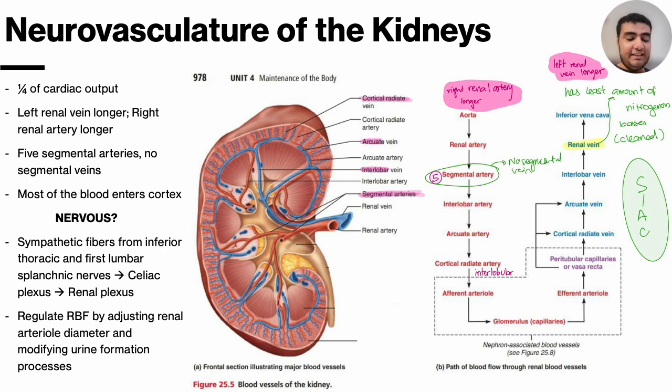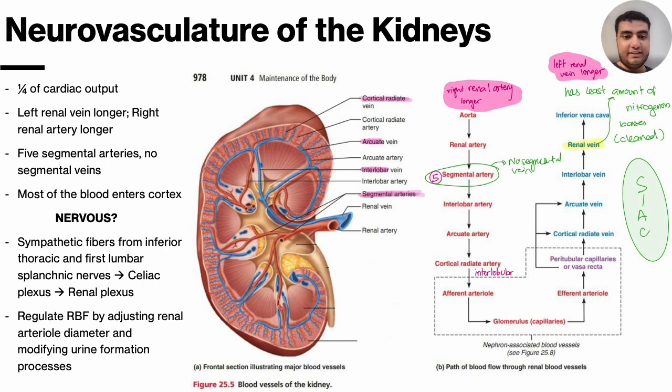So, what happens is basically there is a network of vessels, and they start with the right or left renal arteries, the right being longer, of course, because the abdominal aorta, which brings out the renal arteries, is situated more to the left. So the renal artery to the right kidney or to the left kidney goes out from the aorta.